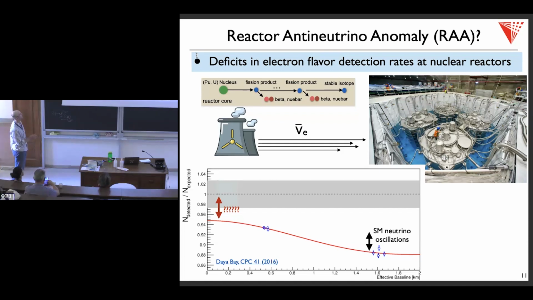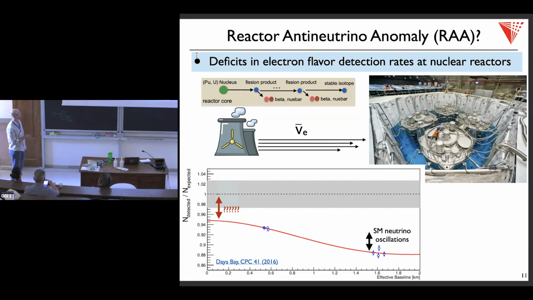Take the Daya Bay far site as an example. At Daya Bay, they had near detectors and far detectors. The near detectors were at about half a kilometer, and the far detectors at 2 kilometers.